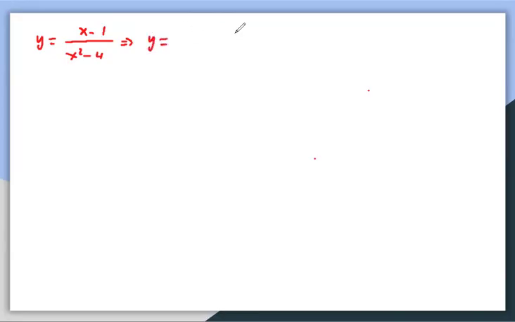So in this way, we have x minus 1 over x minus 2, times x plus 2. Again, this is called difference of squares. So this denominator is equal to this, and you can go ahead and FOIL this to get the original one.